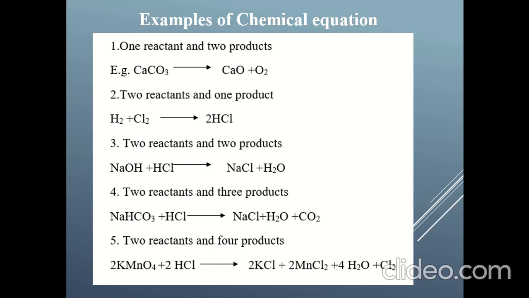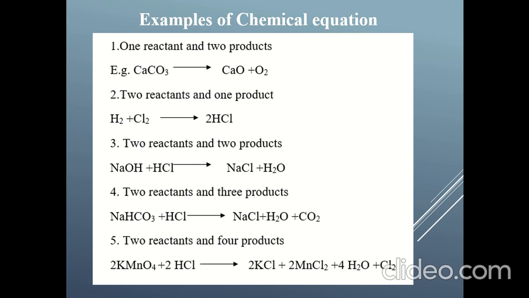So this is an example of a chemical equation where two reactants react to give three products, that is salt, water and carbon dioxide. Now next, two reactants react to give four products. Potassium permanganate, when treated with acid, that is HCl, forms potassium chloride, manganese chloride, water and chlorine. So here two reactants react to give four products.